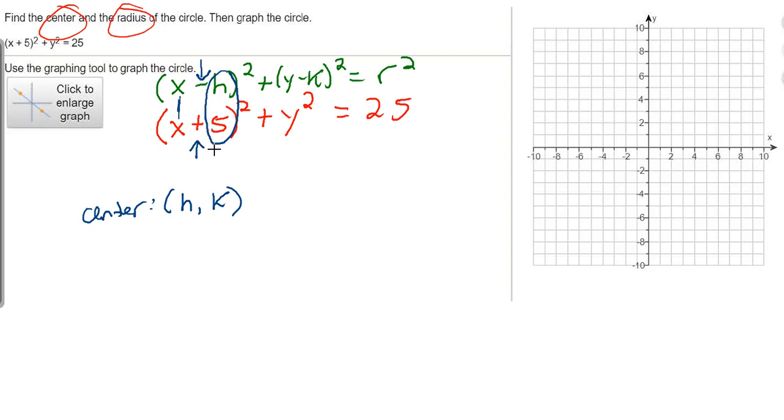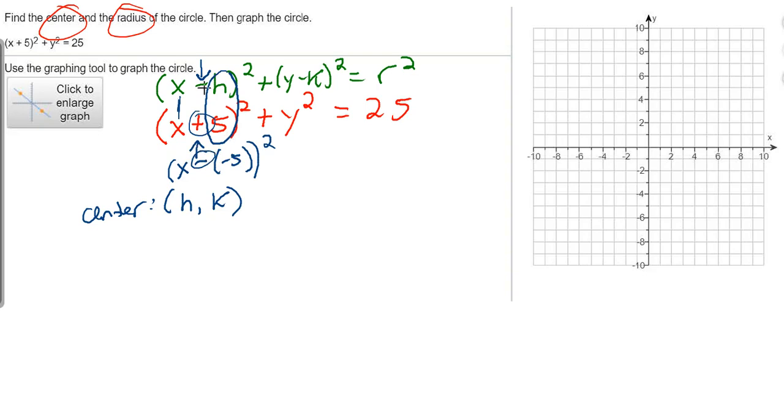So those don't actually match up like they're supposed to. So technically what I need to do here is rewrite my equation to have a minus sign to match up to my formula. I can rewrite x plus 5 as x minus negative 5 squared, right? So a plus sign could be rewritten as minus a negative.